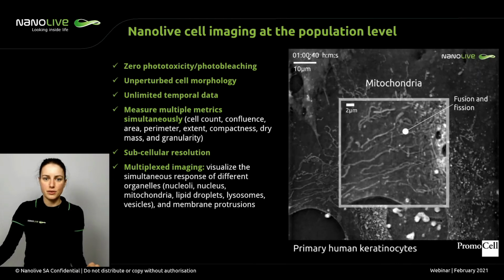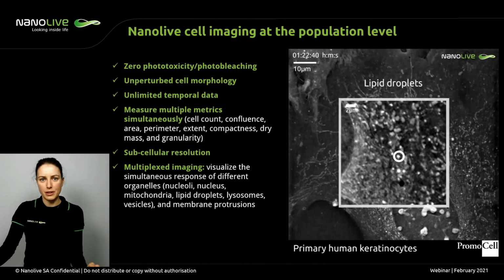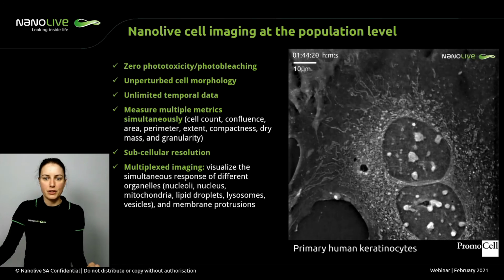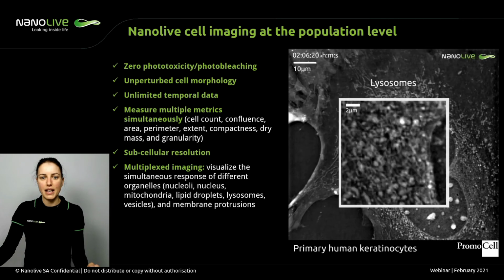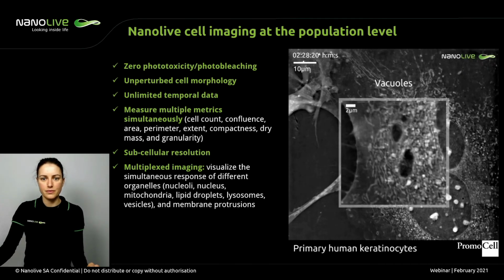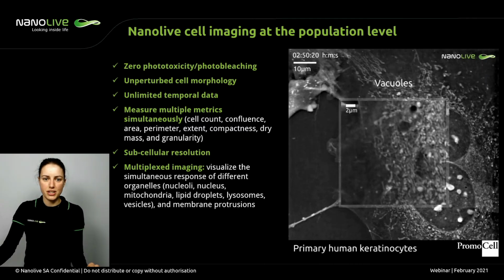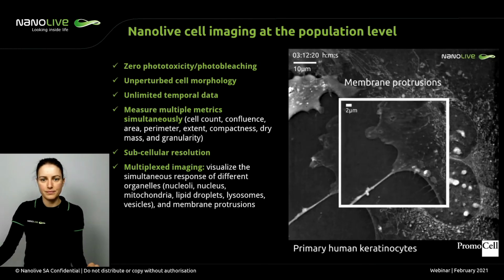It allows us to see the mobility and the growth or depletion of lipid droplet reserves, observe the recycling activity of lysosomes, and visualize the formation of endocytic vacuoles. And all of this we can see at the same time as monitoring changes in cell behavior via the membrane protrusions.